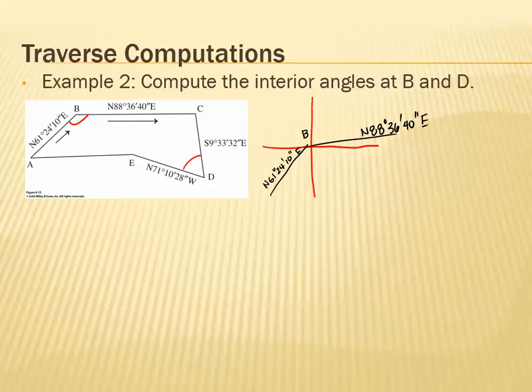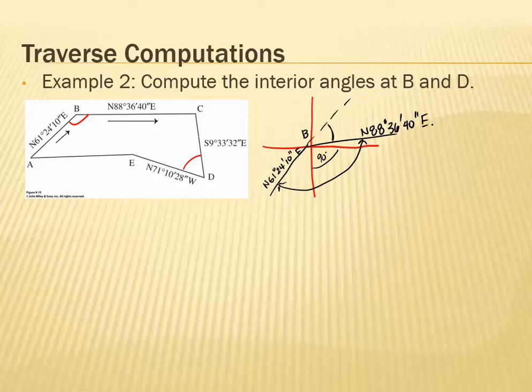Okay, those are the bearings. Now let's see if the deflection angle here helps me some. Here there's going to be an angle. We know that the angle between here and here is 90 degrees, right? And we are trying to find this right here. So let's see if this helps me.